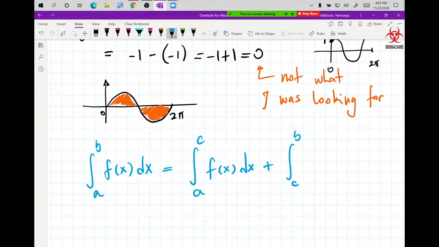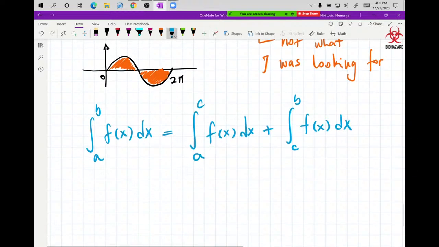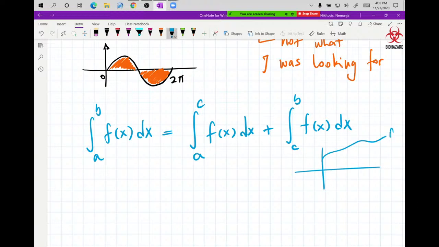So if you take a look at this formula from last time and the picture associated with it of some function f of x, this is your a, let's say this is your c, and let's say this is your b. They don't have to be equally distant.